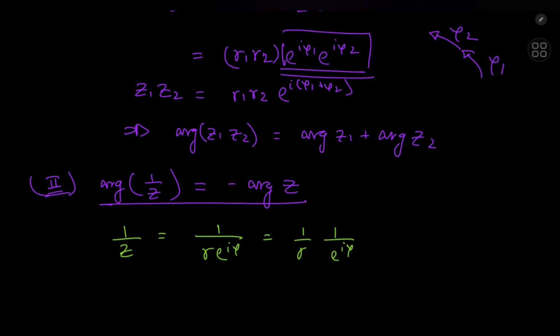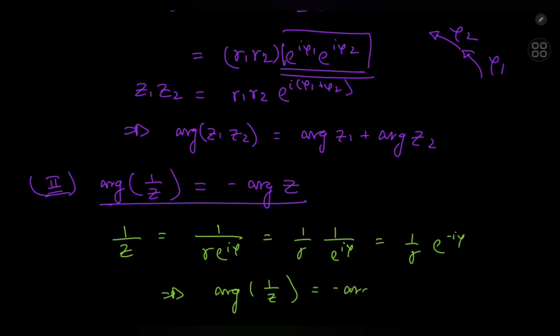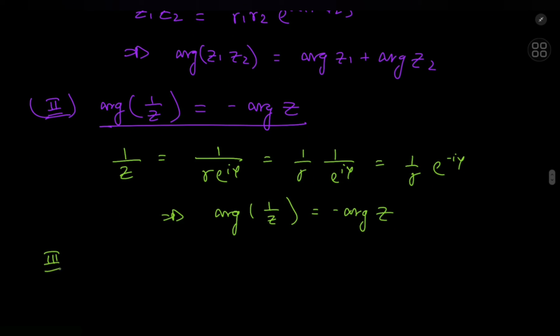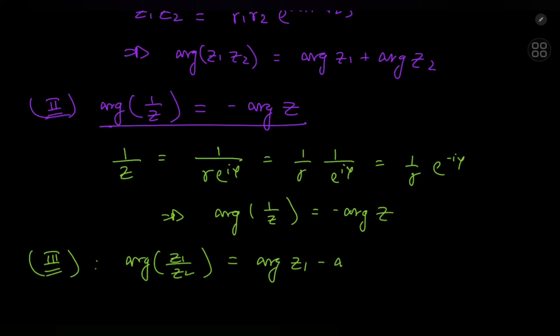We saw in the last video that the multiplicative inverse of e to the i phi is e to the negative i times phi. And this proves that the argument of 1 by z equals the negative of the argument of z. And from here, it's easy to see from the above two properties that the argument of z sub 1 divided by z sub 2, where of course z sub 2 is non-zero, equals argument z sub 1 minus argument z sub 2.